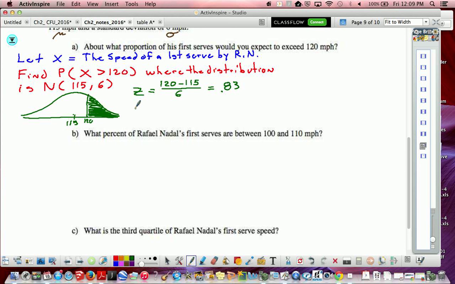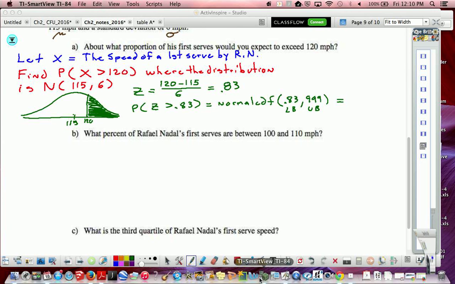So now what I'm really looking at is the probability that z is greater than 0.83. So that's equal to normal CDF. My lower bound is 0.83. My upper bound is infinity.